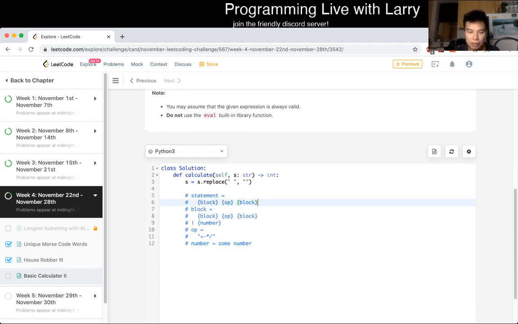Based off this grammar, we can just go directly to parse it one by one, or letter by letter. But I'm going to do it a little bit hacky because I don't think this is an interesting problem, to be honest, but it is something to practice if you're having trouble with it, especially with respect to complexity. So I'm going to do something like split. How do I split by multiple characters in Python actually?